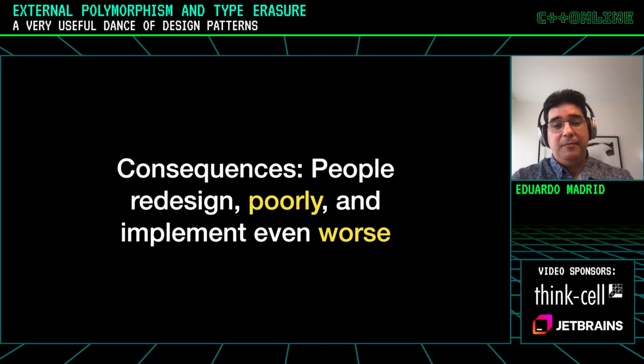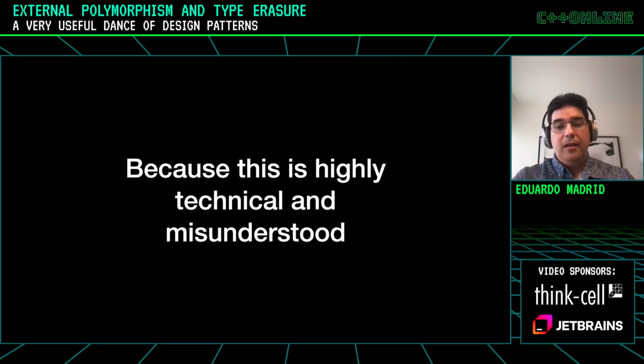Be that as it may, because the true requirements of type erasure are so diverse, people are forced to redesign. Because this is so technical, the redesigns are poor and the implementations even worse. This is a highly technical and misunderstood area, and my presentation attempts to at least shed light on the problem so that more people get interested in solving it.